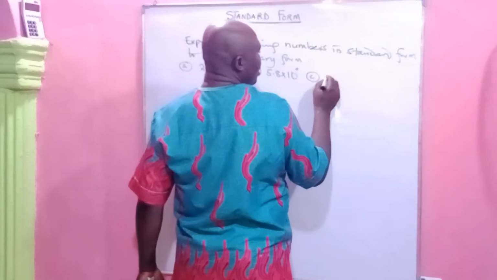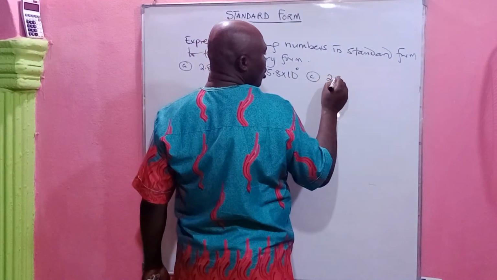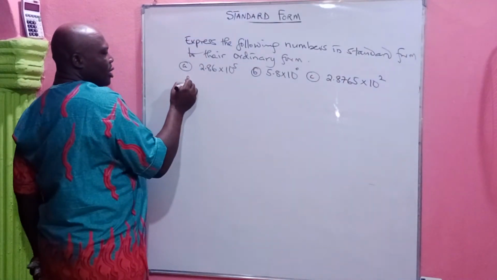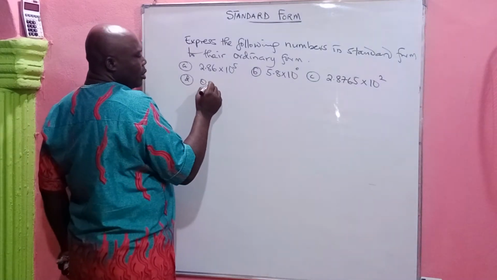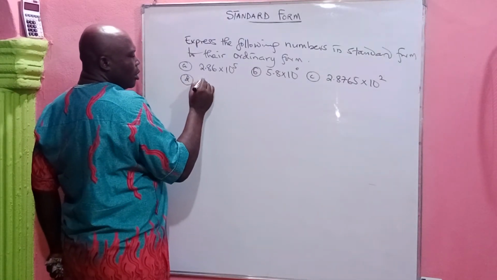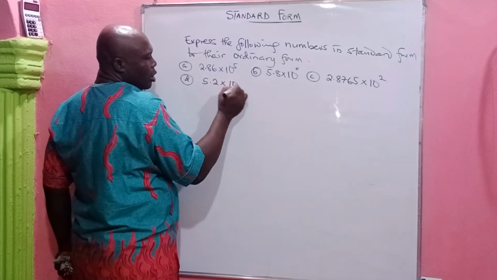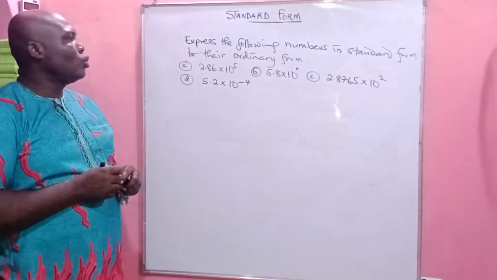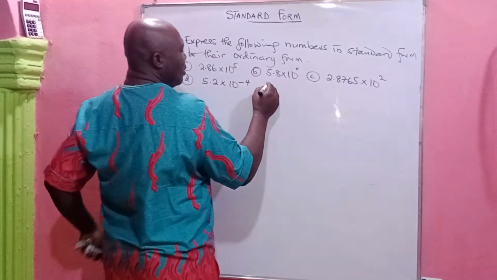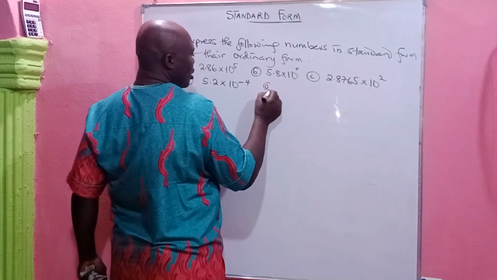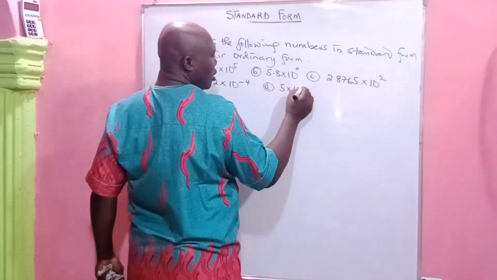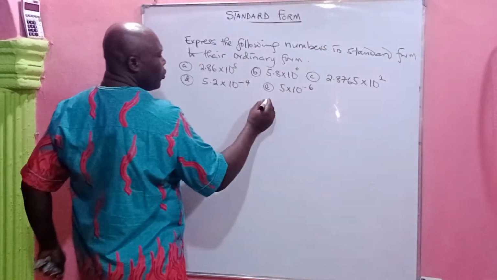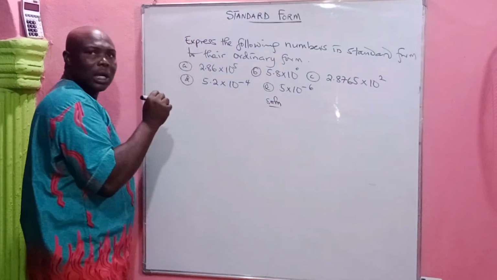C, and then D, we want to quickly express these numbers back to their original form. Let's say E. Let's express them back to their original form. Solution. Please watch out how we are going to do that.